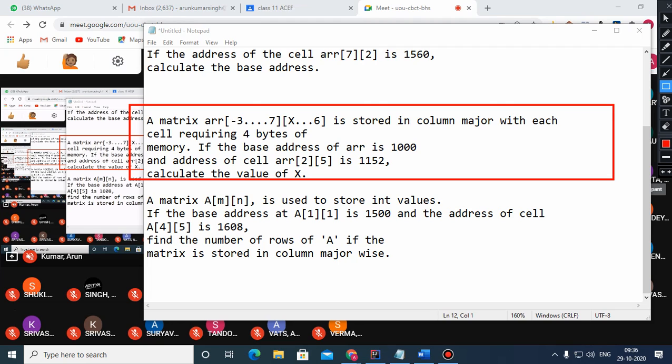And here it is column measure, so it simply means row will be involved. Total number of rows are 11, children.